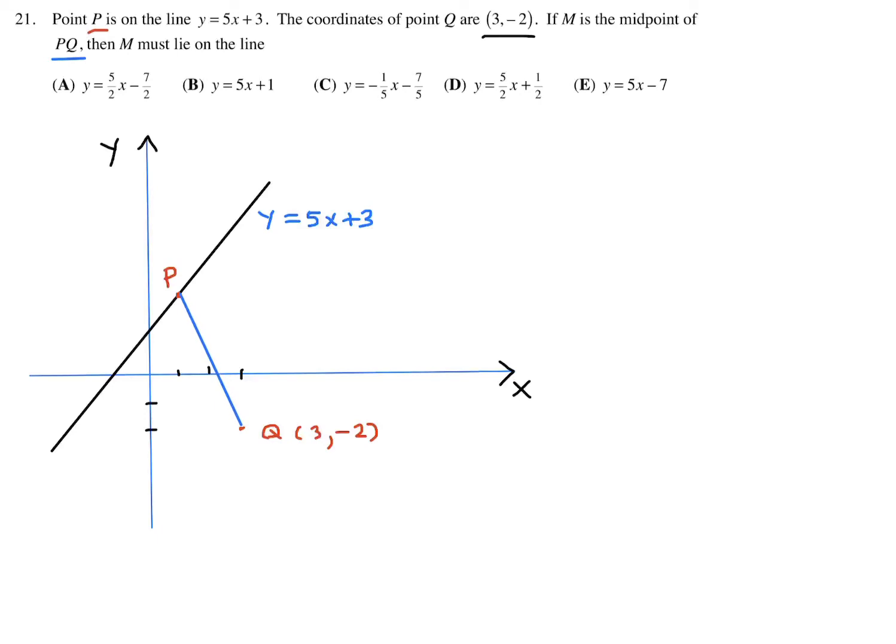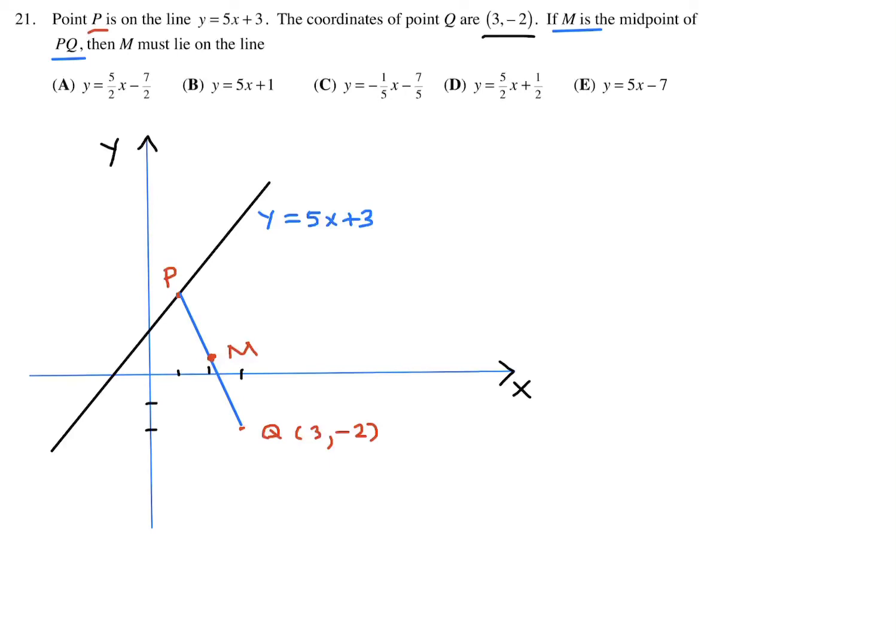And M is the midpoint of that. So M will be approximately here. It's the midpoint, so that's M. All right? And they want you to figure out M must lie on the line. So what is the equation of this line approximately? Okay, so that is the question.